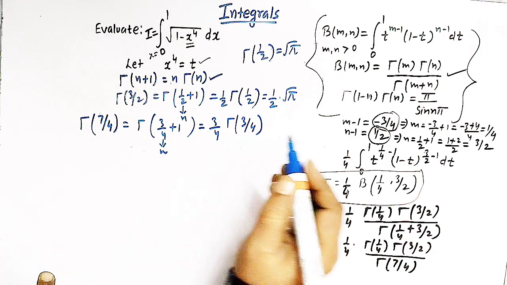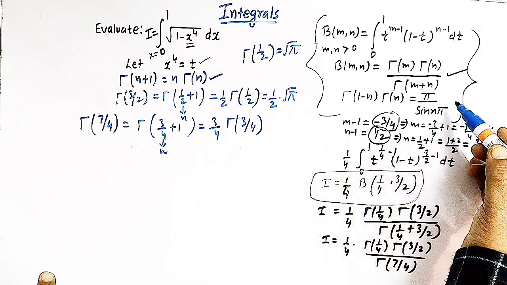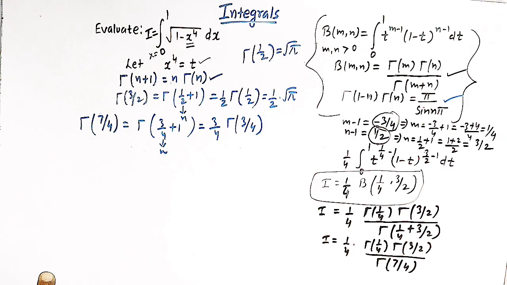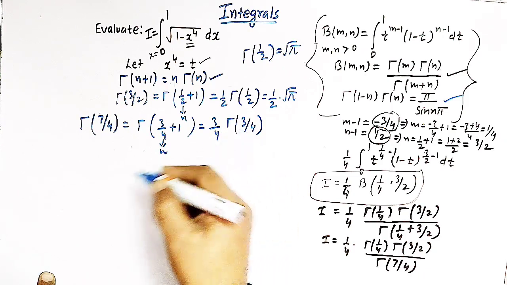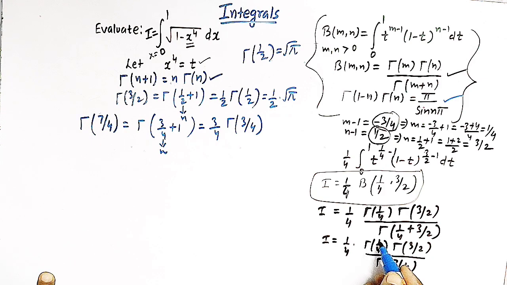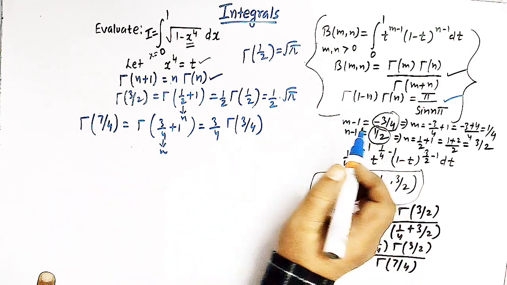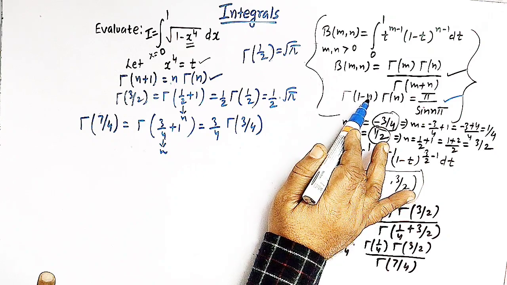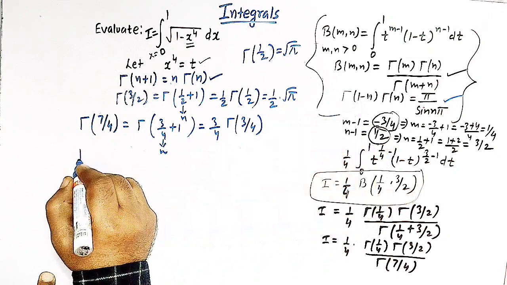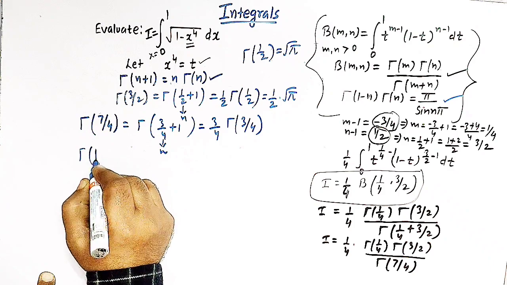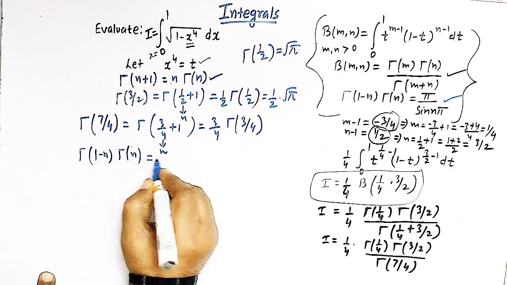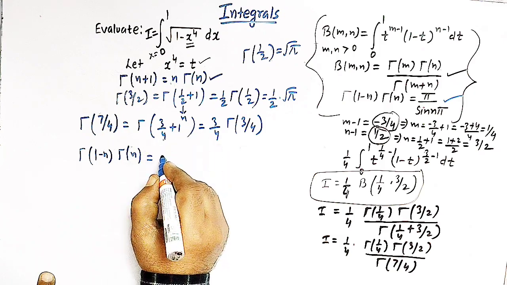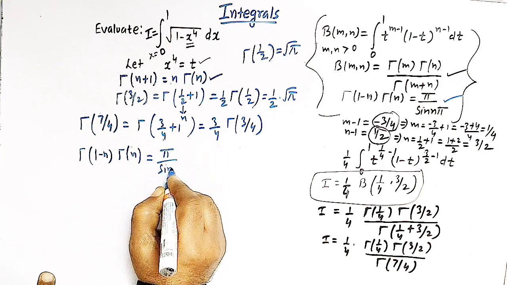Okay, now let us make use of Euler's reflection formula, right? Because we have to express gamma 3 by 4 in terms of gamma 1 over 4, right? So here we can substitute n is equal to 1 by 4. So the Euler's reflection formula is gamma 1 minus n times gamma n is equal to pi over sine n pi.